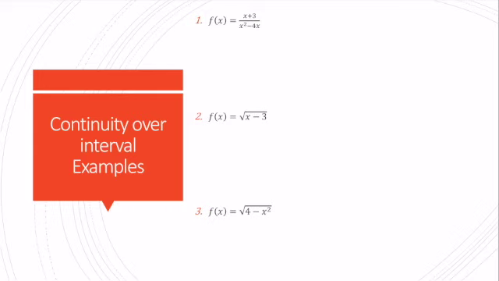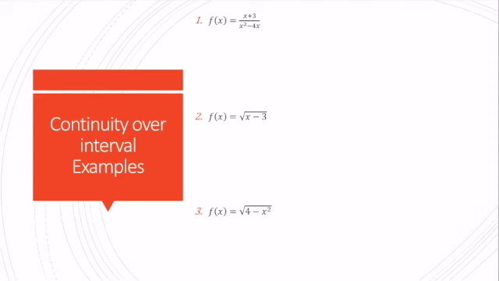Now here I have f of x equals x plus 3 over x squared minus 4x. Now remember that this is a rational function, and rational functions are continuous over their domains. So let's determine its domain by factoring the denominator and setting it equal to 0.